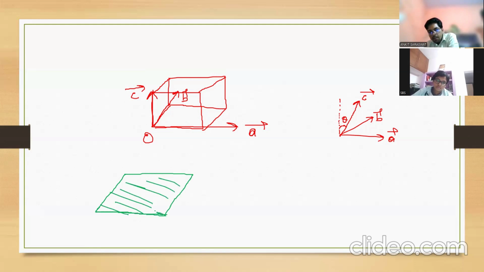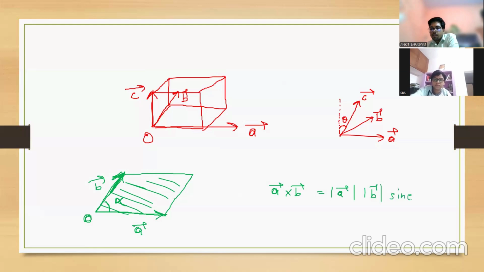This is the A vector, this is the B vector, this is O. Let us suppose the angle between these two vectors is alpha. Then A cross B will give the vectorial area, that is mod A, mod B, sine alpha, n cap.